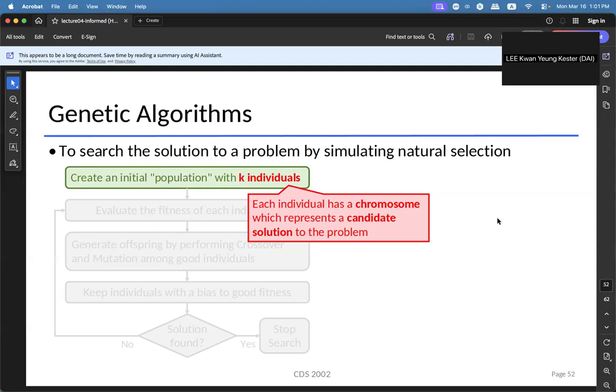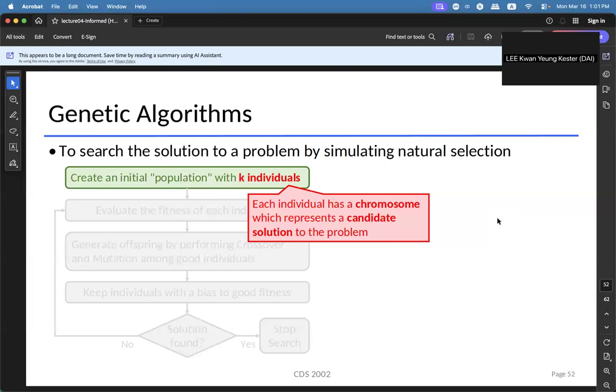So the process of natural selection is that organisms that fit the environment and can survive in it are allowed to reproduce and generate a new generation of the organism.